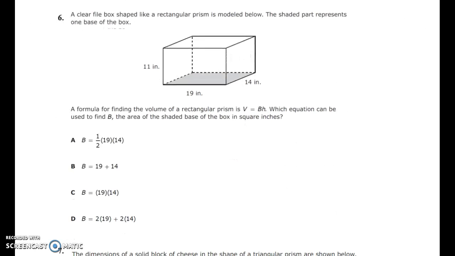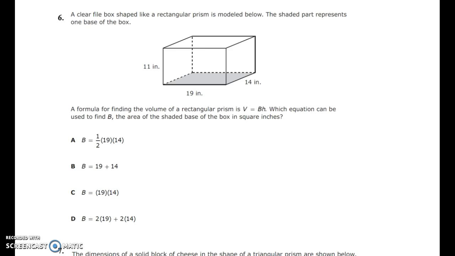Number 6. A clear file box shaped like a rectangular prism is modeled below. The shaded part represents one base of the box. A formula for finding the volume of a rectangular prism is V equals BH. Which equation can be used to find B, the area of the shaded base of the box in square inches?